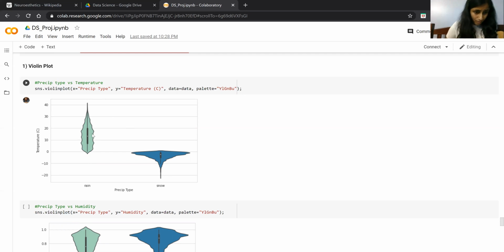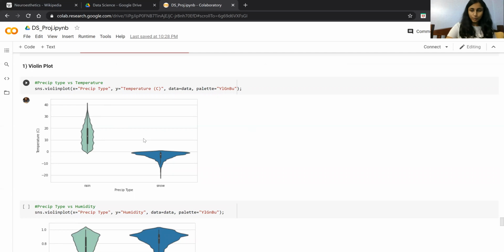Okay. And the black line over here signifies the interquartile range, the first quartile and the third quartile. The lowermost point here is the lower adjacent value, and the uppermost point here is the upper adjacent value, and the remaining points are the outside points.